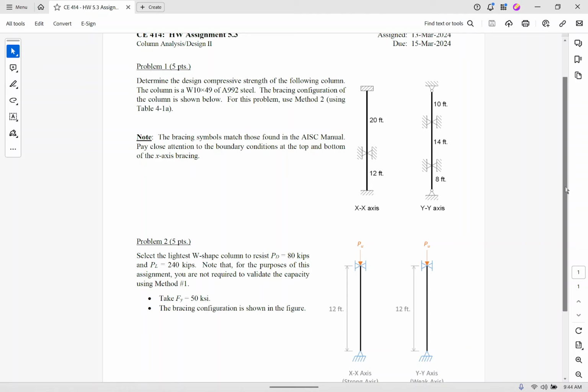And for this, you don't have to worry about method 1 if you don't want to, okay? You have the same bracing condition in both directions, okay? This is, again, really meant to be practice with this. Sound good? Turn this in by Friday, 9 a.m. You are free from this class until we come back from break. You okay with that?